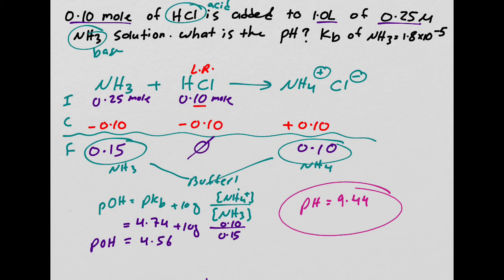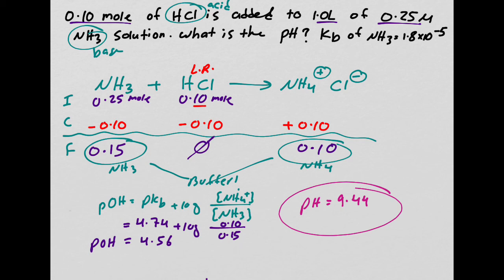Acid-base reaction, one arrow, limiting reagent, moles, ICF. Then I look at what I end up with. I ended up with a buffer, so I use the HH equation, because it's a weak base and its conjugate. I use pOH because I'm dealing with a base. Once I figure out the pOH, I subtract it and I get the pH. All right, ready for the next question?